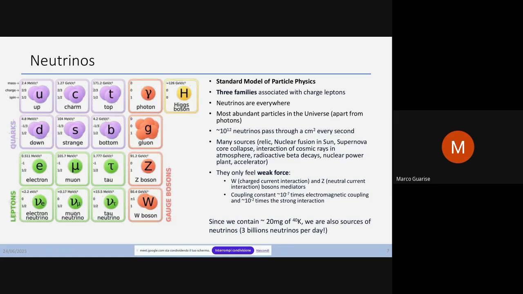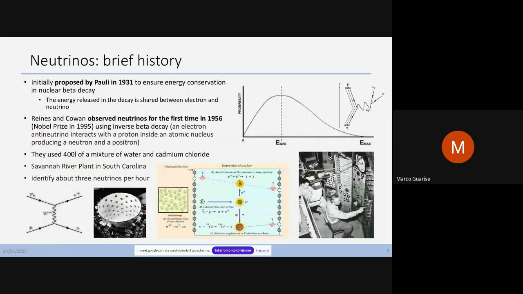And okay, there are many sources of neutrinos: neutrinos from the sun, atmospheric neutrinos, nuclear beta decay, power plants, but also accelerators, which are the main topic of this talk. Also, humans are sources of neutrinos, and this is the number: we emit 3 billion neutrinos per day. So it's a large quantity.